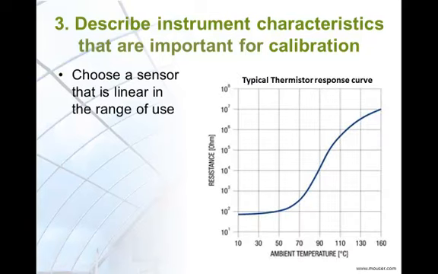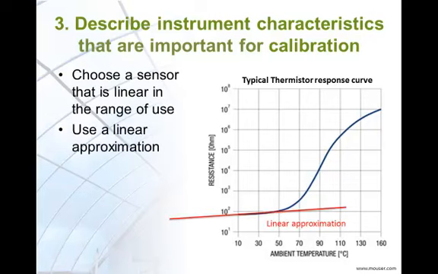The graph shows a typical thermistor response curve. Resistance is on the y-axis and temperature is on the x-axis. This is a good sensor for the greenhouse because it is approximately linear in the range of use. For temperature inside the greenhouse, we would expect to see the temperature around 18 degrees Celsius. Although this sensor is nonlinear over its entire range, it can be approximated with a linear function within the expected range of use.